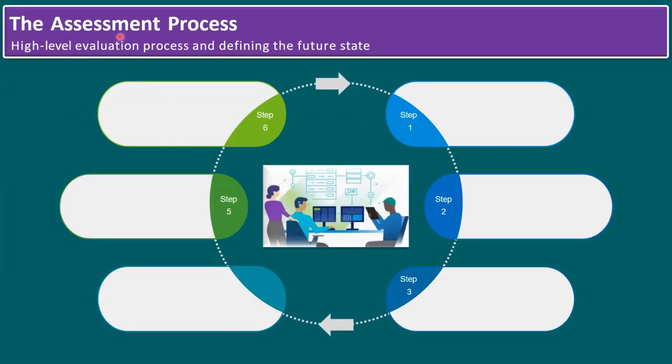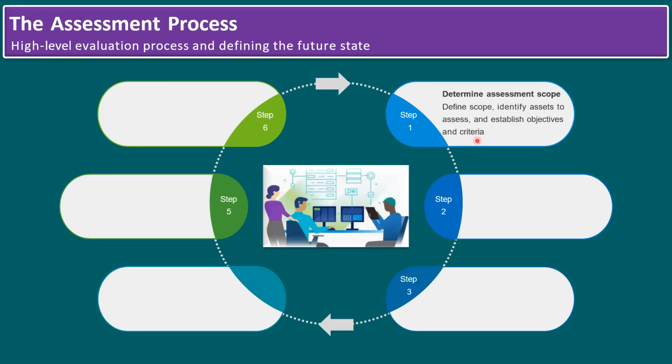The assessment process, the high-level evaluation process, and defining the future state includes six steps. So let's start discussing step one. Step one is to determine assessment scope: define scope, identify assets to assess, and establish objectives and criteria.